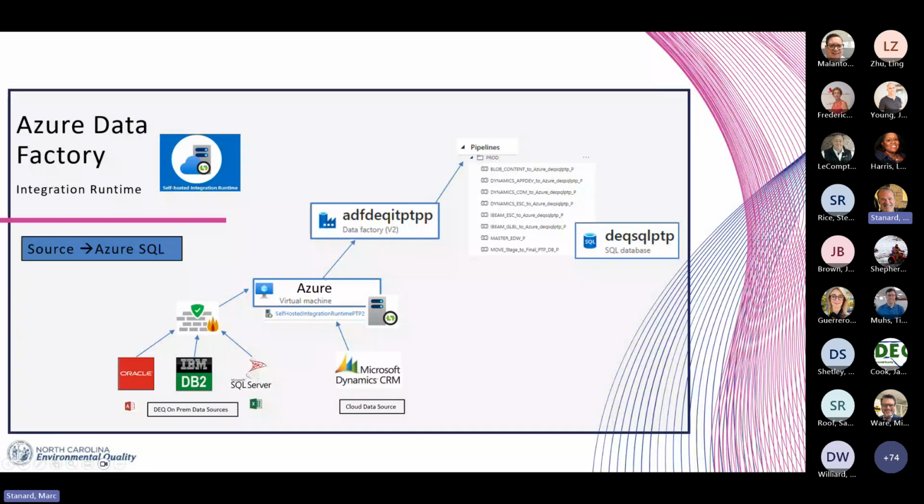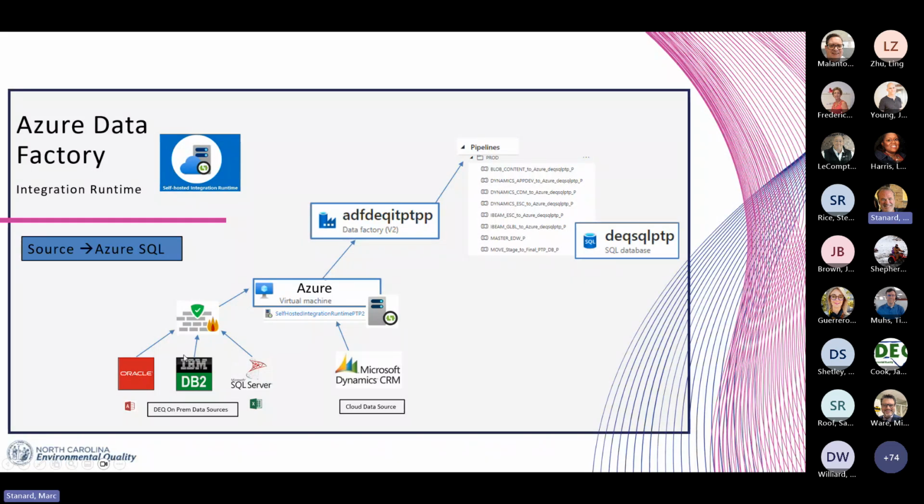A key component for us to use Azure Data Factory was implementing a self-hosted integration runtime. We installed and configured the integration runtime on an Azure virtual machine, and we worked with the DIT cloud services and firewall team to connect the integration runtime with our source systems, which are protected by the firewalls.